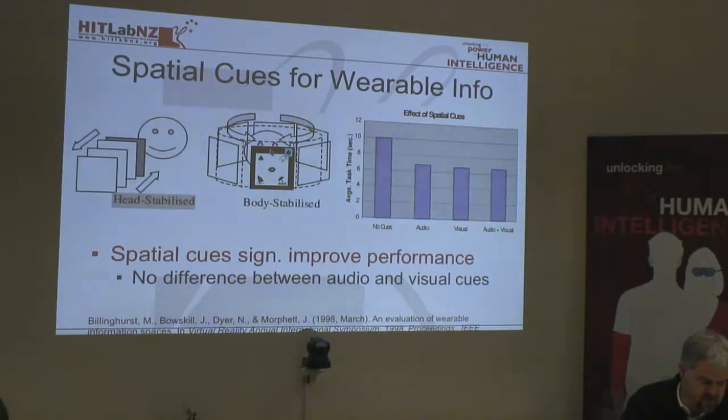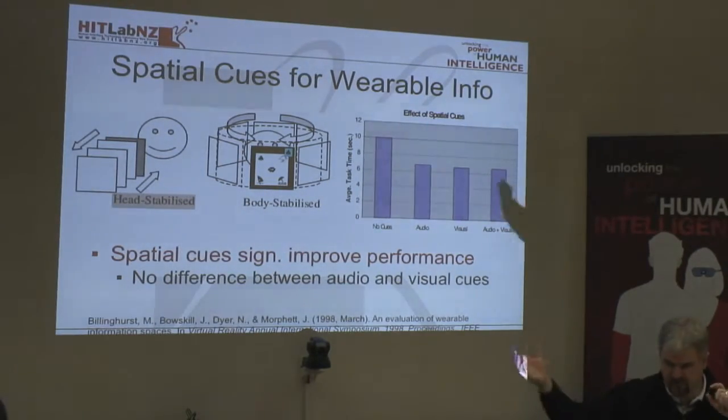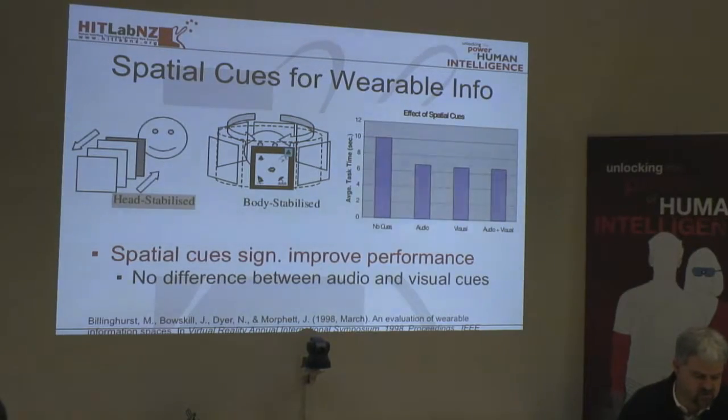And we found that if you had a spatial interface like this one, you could use some spatial cues to help you. For example, you could use spatial audio. In one ear you could hear more loudly than in the other ear if the screen was on the right side. Or you could use visual cues. You could have an arrow pointing saying turn your head this way, and it would turn around. When people did that, we found that they could find information about 30% faster than in the head stabilized way.